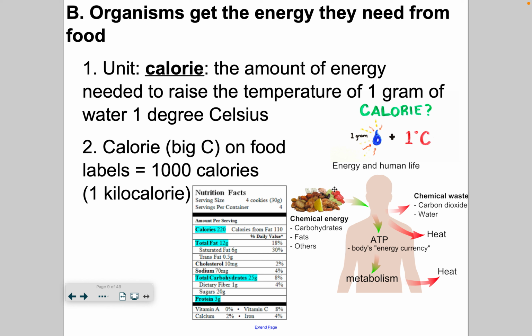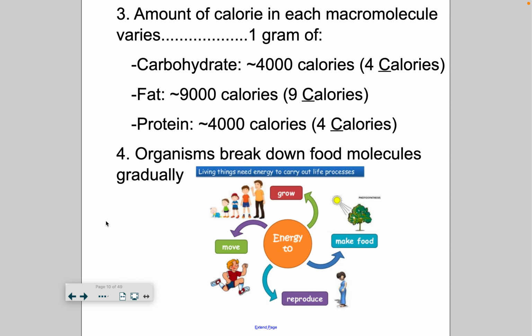So the chemical energy that we consume, carbs, fats, and proteins, we eat it, and we give off carbon dioxide, water, and heat as waste products, but we do create ATP with that. That fuels our metabolism, and we also give off heat again. The amount of calories in each macromolecule does vary.